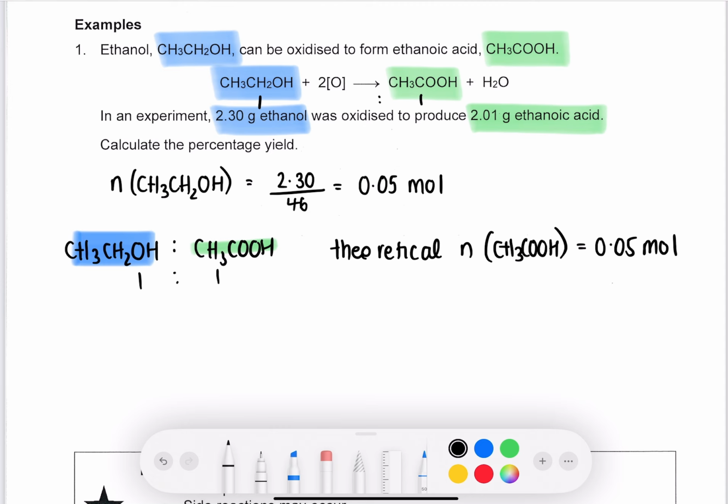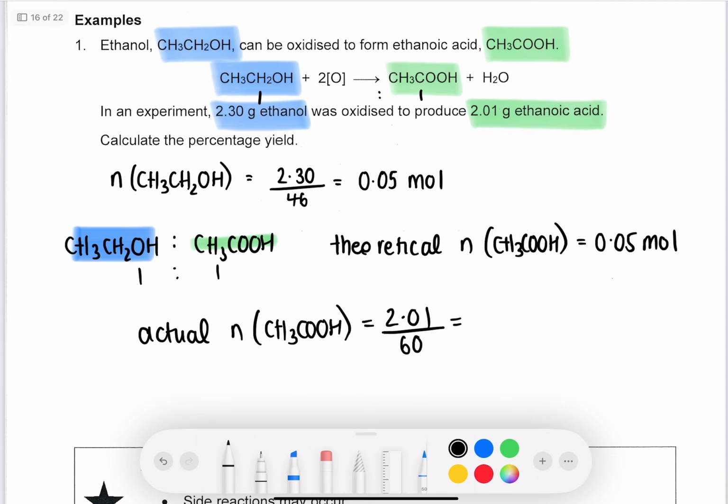In theory, we should be able to make 0.05 moles. How many actual moles of ethanoic acid did we make? And that is where we're going to use the mass of ethanoic acid divided by the MR. So we're going to add up 12 and 3 and 12 and 16 and 16 and 1. We're going to type that on our calculator.